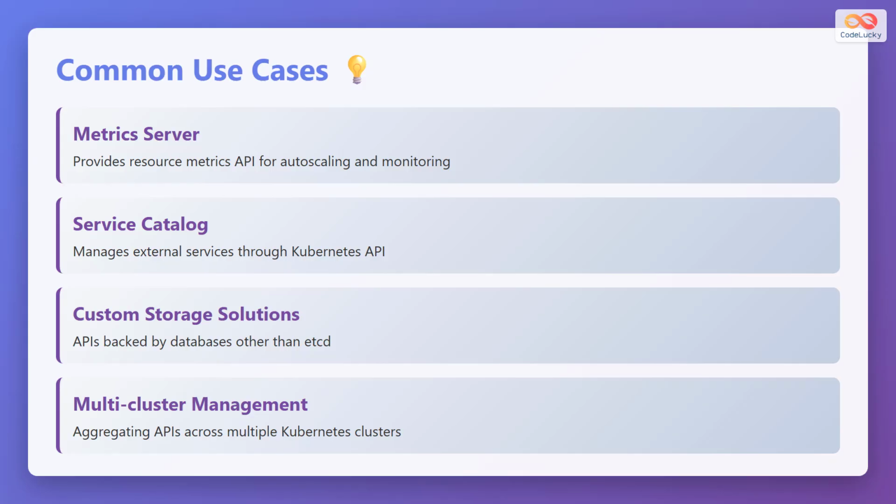Custom storage solutions are also common, where you need APIs backed by databases other than etcd for performance or compliance reasons. Finally, multi-cluster management platforms use aggregation to aggregate APIs across multiple Kubernetes clusters, providing a unified control plane. These examples show the power and flexibility that API aggregation brings to Kubernetes.